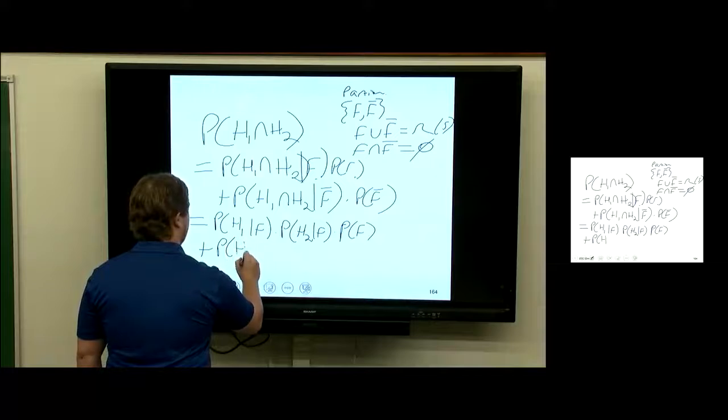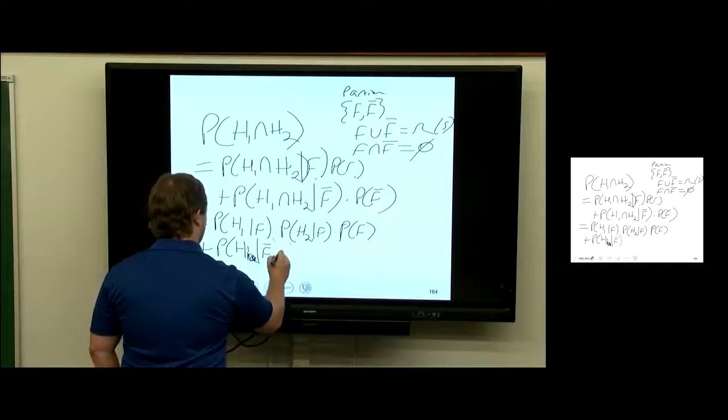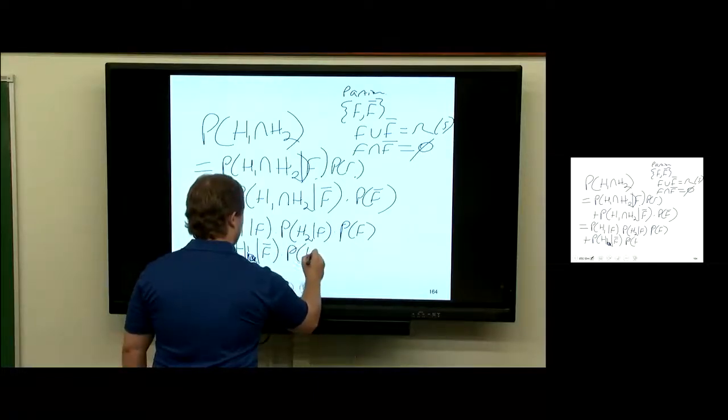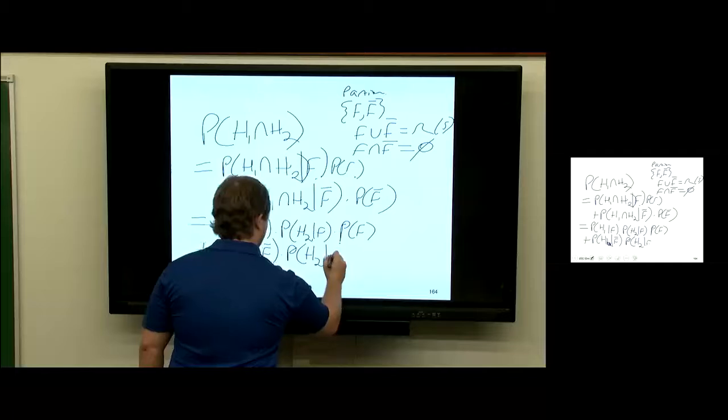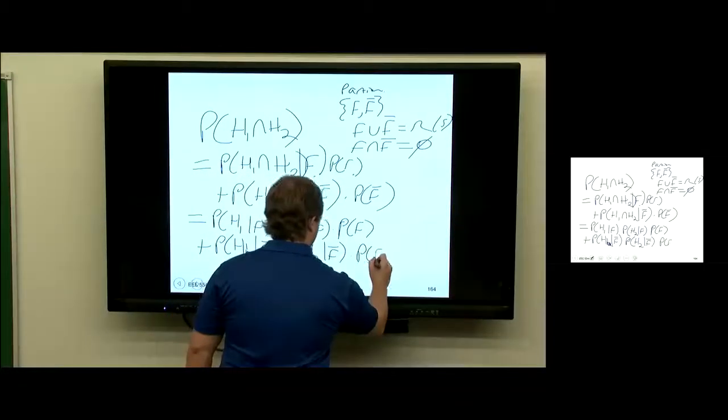Plus the probability of H1 given F bar times the probability of H2 given F bar times the probability of F bar.